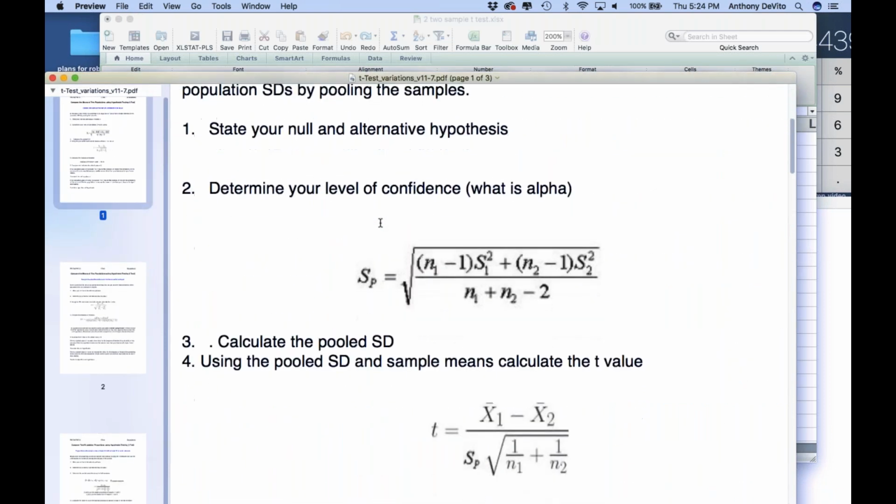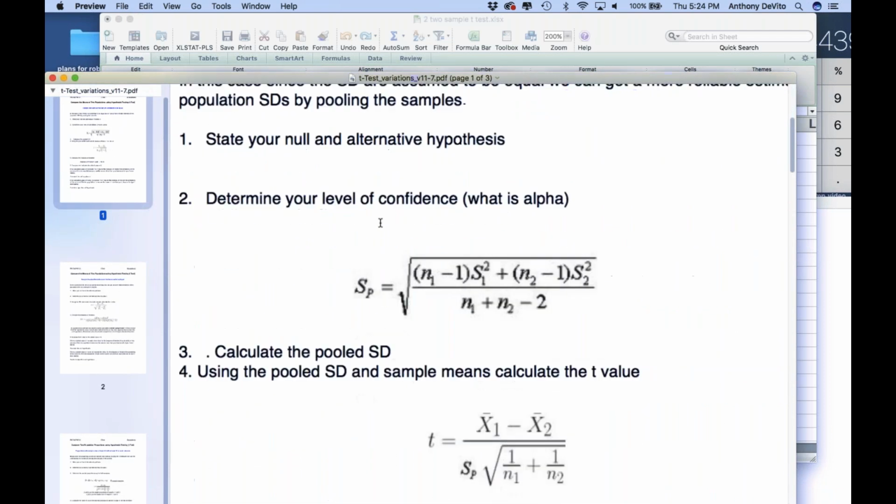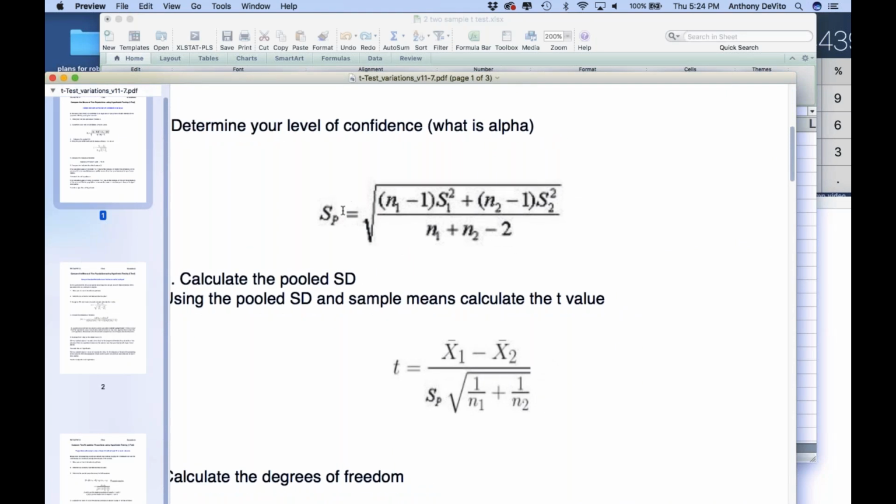I'd have to calculate a pooled standard error, which is n1 minus 1, which is 9, times the standard deviation for males squared, plus n2 minus 1, which is 9, times the standard deviation for females squared, over 10 plus 10 minus 2, which is 18.